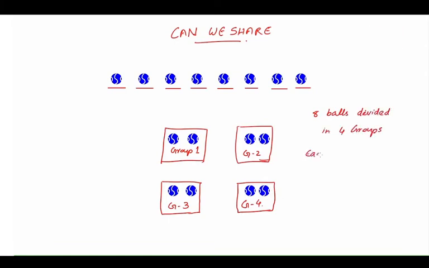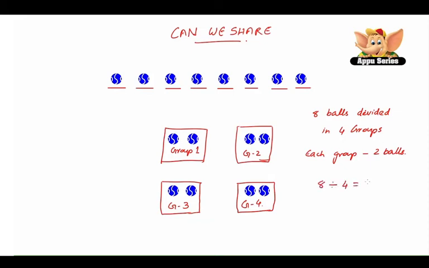How many balls are there now in each group? We have 2 balls in each group. So 8 balls were divided into 4 groups, and each group now has 2 balls. If we write this as a problem, it would be 8 divided by 4 equals 2.